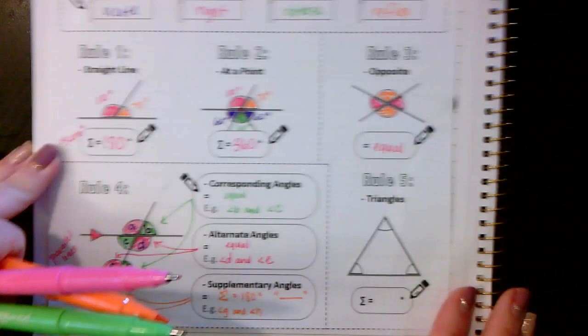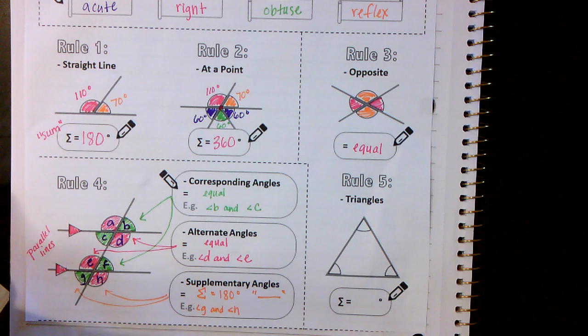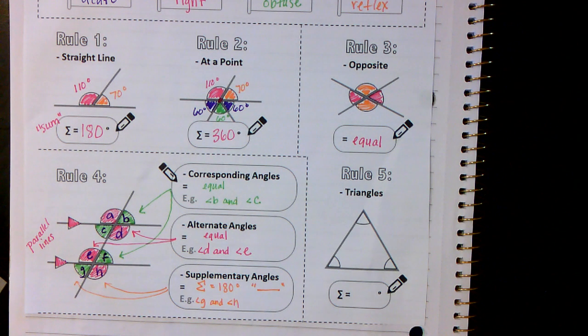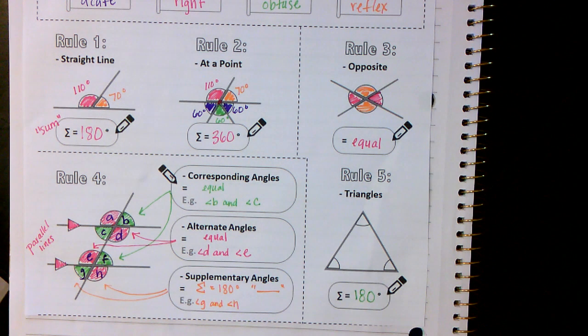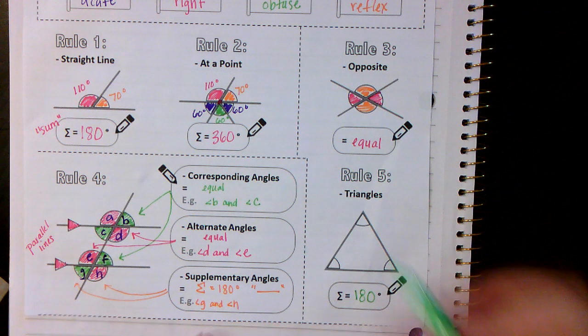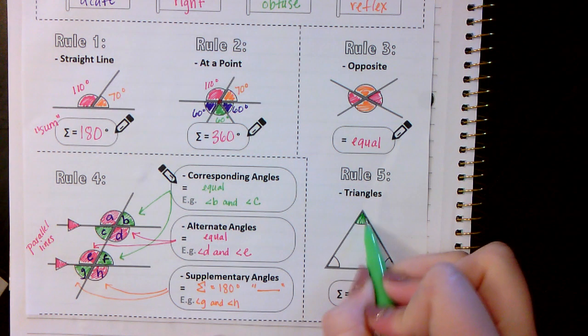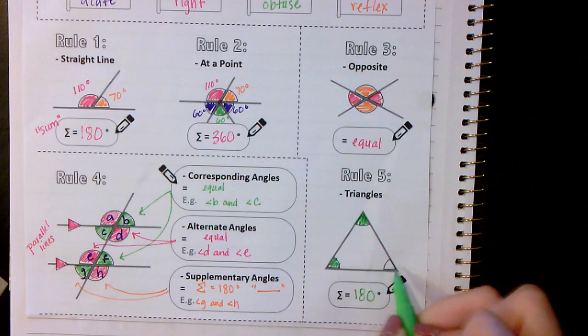And then the last rule, we talked about this yesterday, I believe. And that is that triangles, the interior is going to give you a sum of 180 degrees. So all of those triangles will be 180 degrees. So this angle, and this angle.